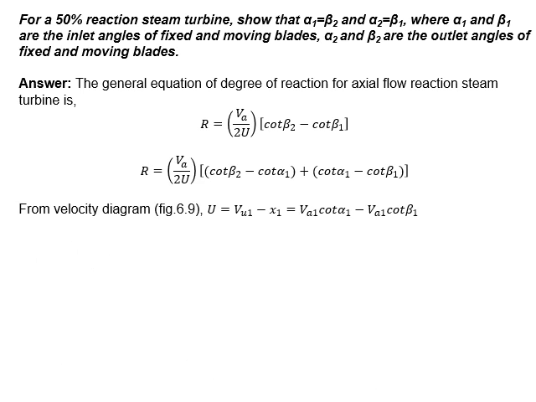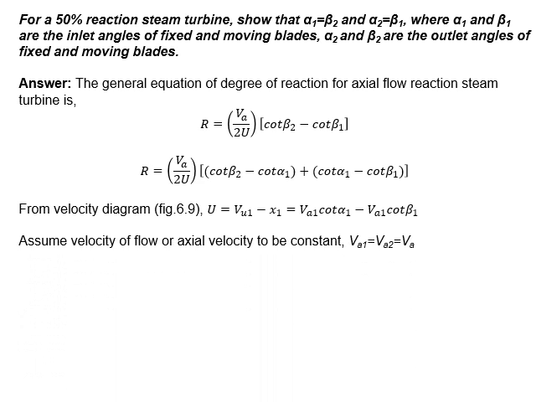From the velocity diagram, figure 6.9, u is equal to vu1 minus x1, and vu1 can be written as V of A1 cot alpha 1 and x1 is equal to V of A1 cot beta 1.